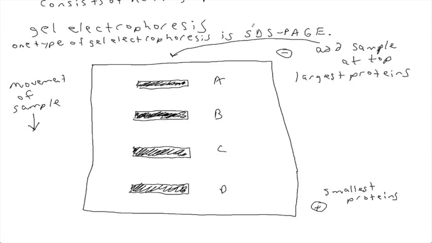I think that's the main type that your instructor is focusing on. This is the type of electrophoresis you're most likely to be tested on. Do you know what SDS-PAGE stands for? I know it's sodium dodecyl sulfate, and then polyacrylamide gel electrophoresis. Perfect.